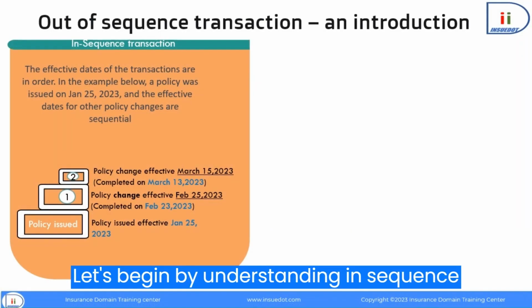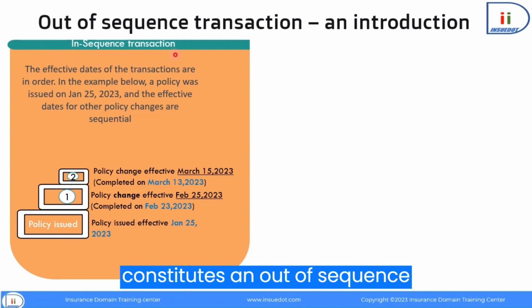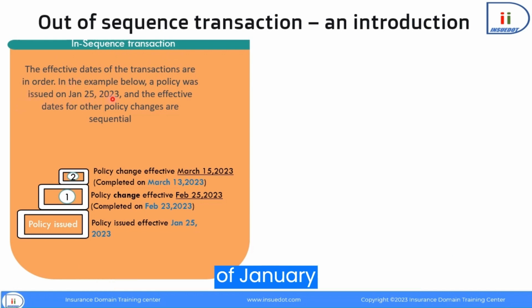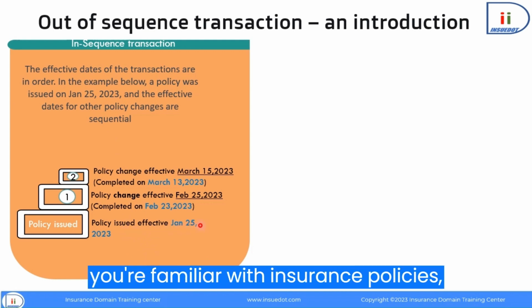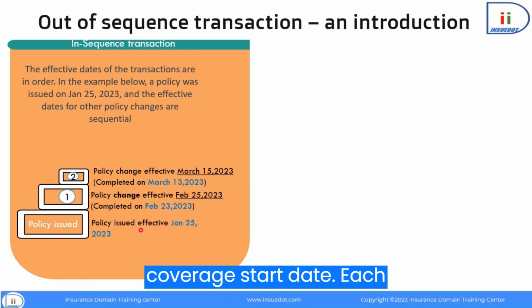Let's begin by understanding in-sequence transactions before delving into what constitutes an out-of-sequence transaction. In this example, a policy was issued with an effective date of January 25, 2023. If you're familiar with insurance policies, you know that the effective date is the coverage start date.